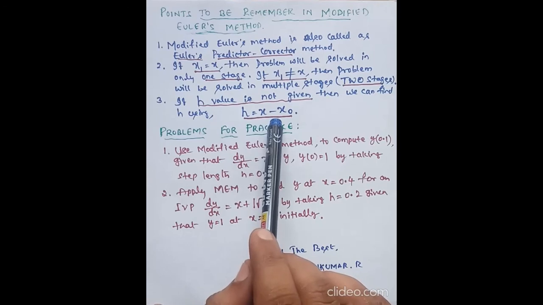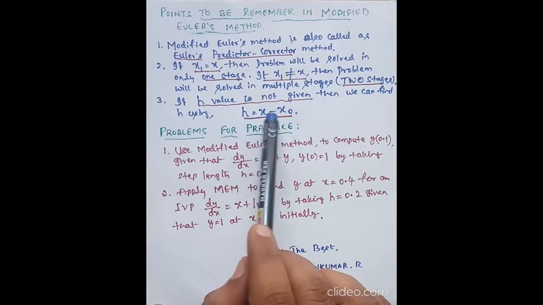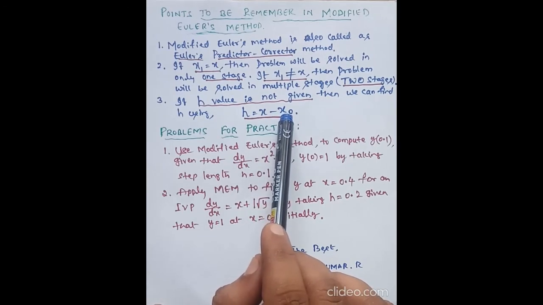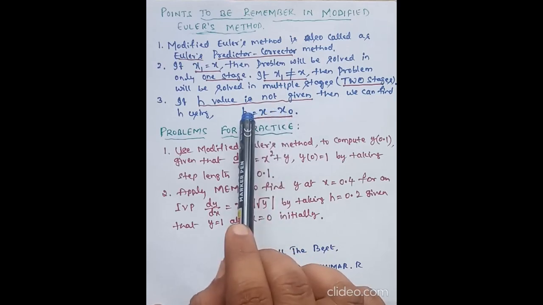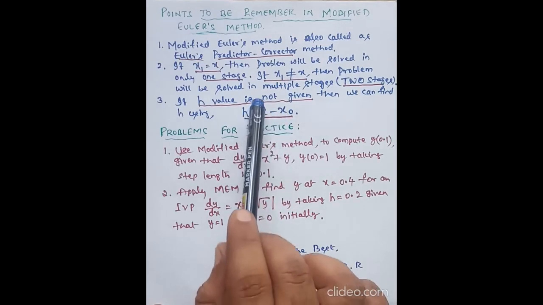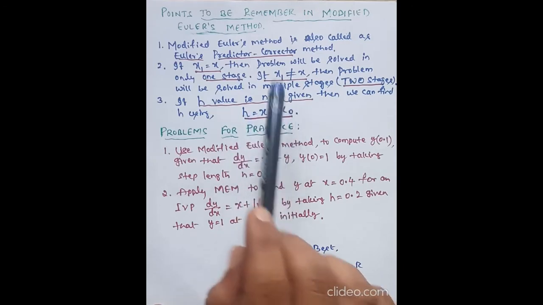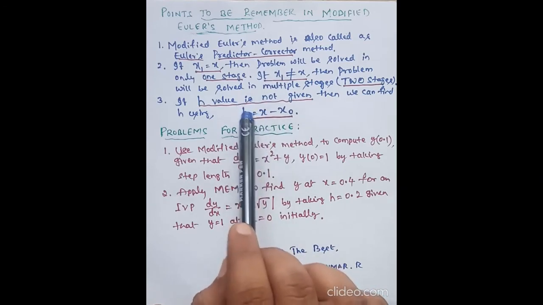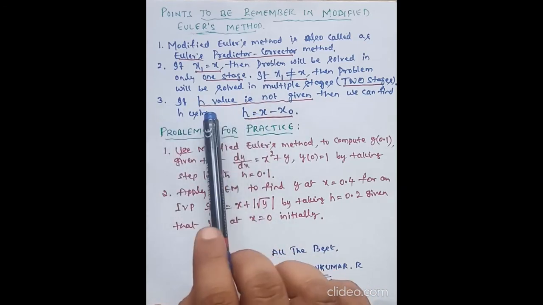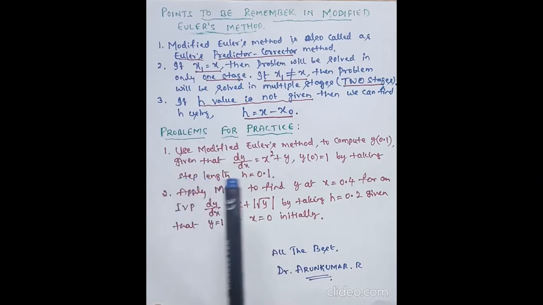In such case, we can subtract final value minus x naught, initial value. So that gives the value of h. So by using that value of h, you can solve a problem. And remember, when h value is not given, the problem is 100% only a one stage problem. Compute h, apply the procedure whatever so far we have discussed, and calculate what is the y value.